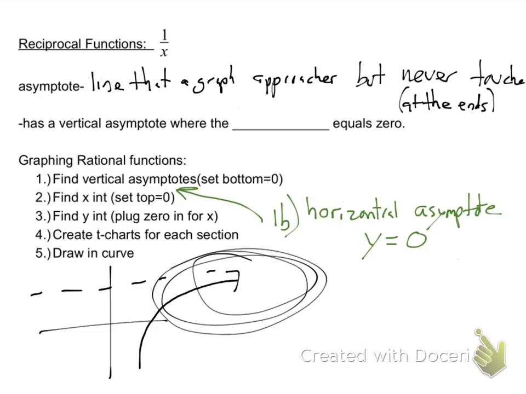Okay? So, vertical asymptotes, these ones will never be crossed. You might jump over the line, but you can't cross them. And that's because you get a vertical asymptote where something is equal to 0. And it happens to be the bottom of a fraction, and we would say that is the denominator.